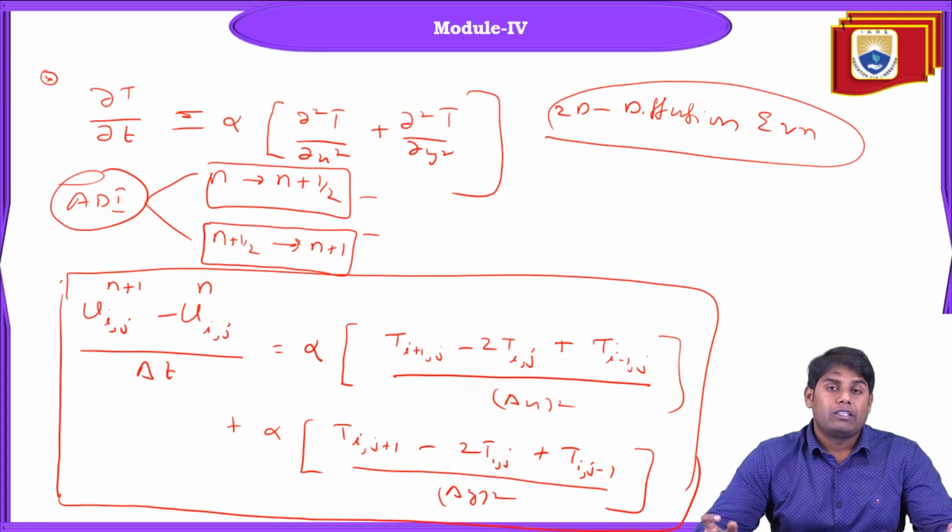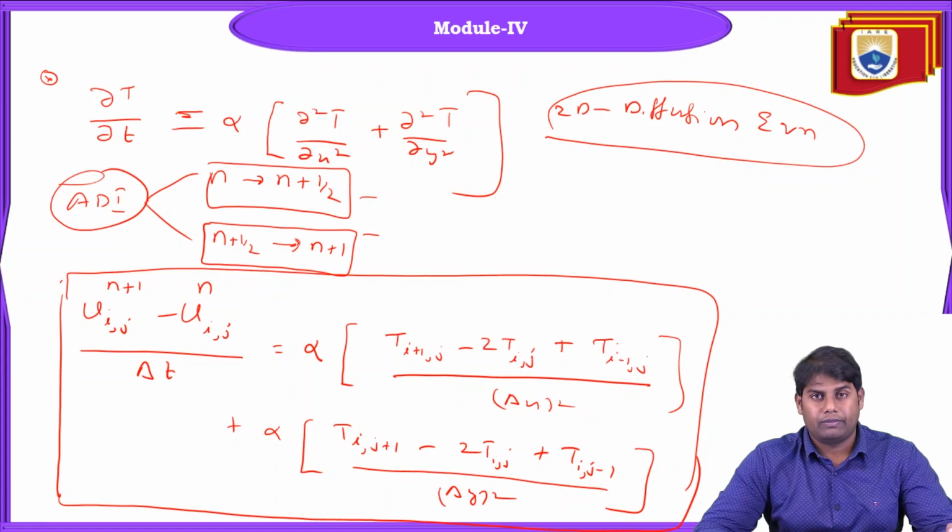Okay. So alternating direction. In the first time step, you have x direction explicit, y direction implicit. In the next step, the reverse trend will happen, where x will be implicit and y will be explicit. Okay. So this is how we solve the 2D diffusion equation using the ADI method.